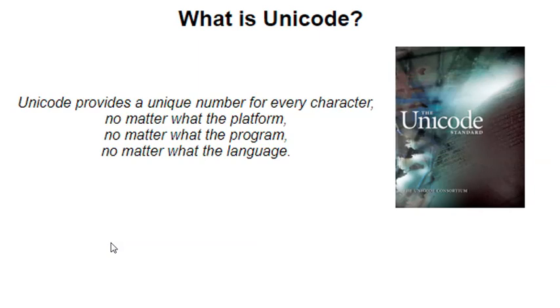So this is the point of Unicode, and this is what the Unicode Consortium says on their webpage, and this is the goal of Unicode. Unicode provides a unique number for every character, no matter what the platform, no matter what the program, no matter what the language.